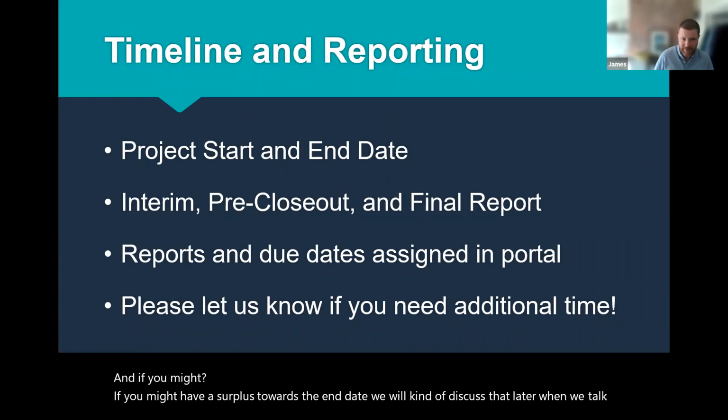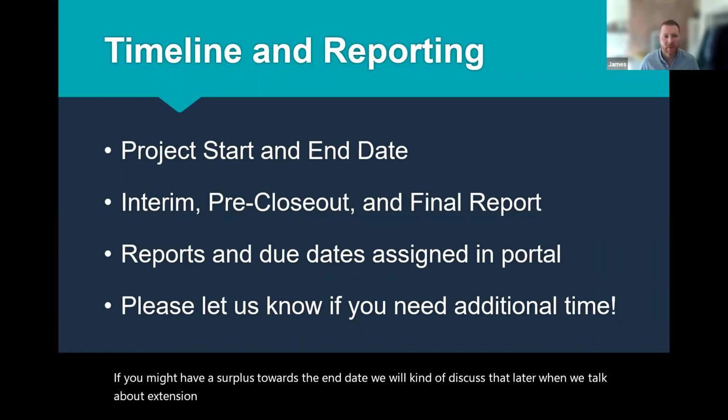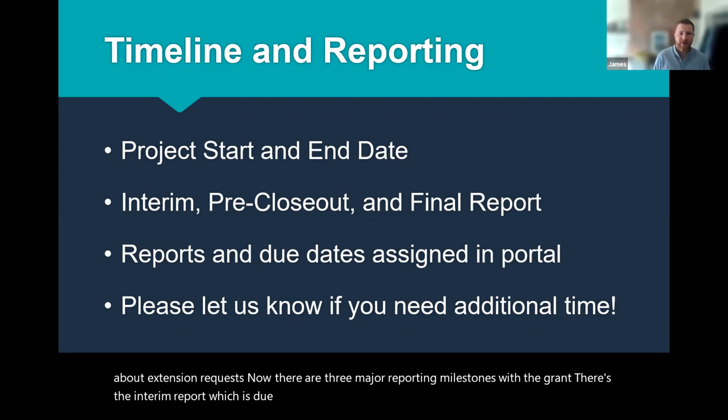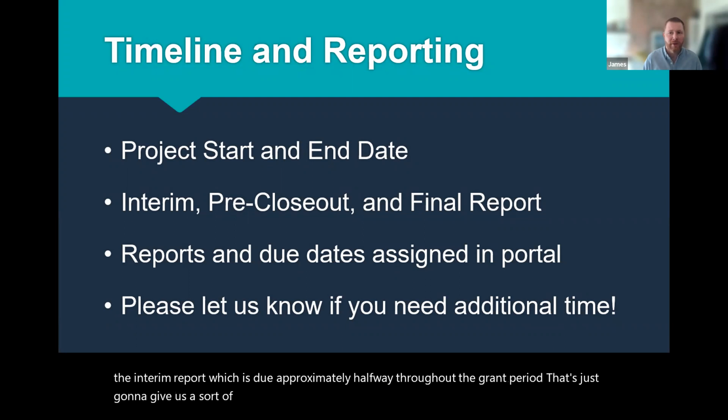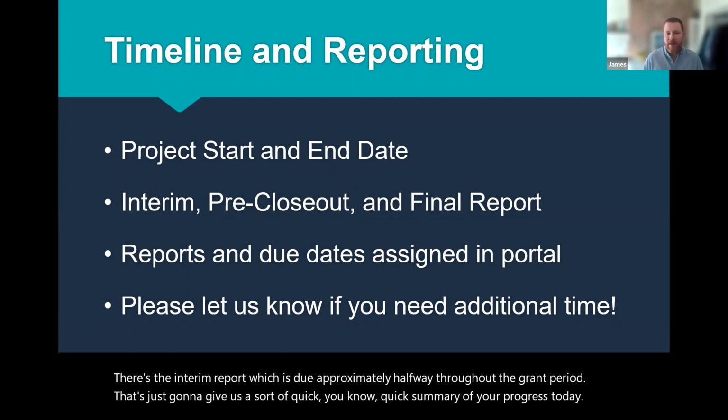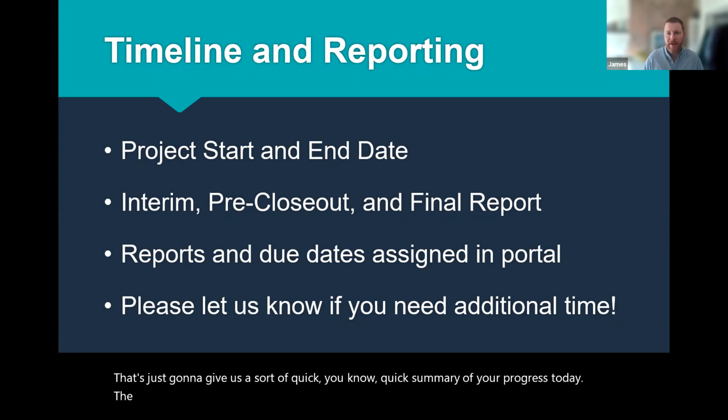Now, there are 3 major reporting milestones with the grant. There's the interim report, which is due approximately halfway through the grant period. That gives us a quick summary of your progress to date. The pre-closeout report is due 1 month prior to the project end date.